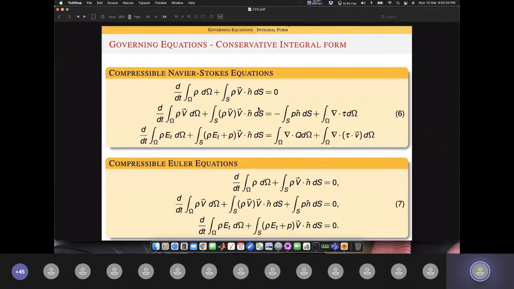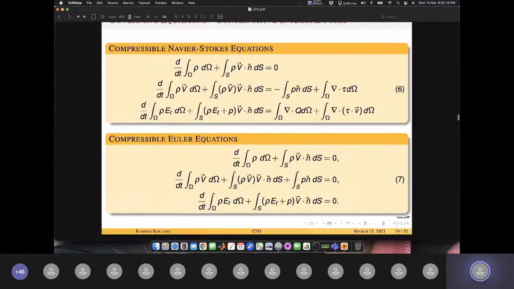The third one is your first law of thermodynamics. First law of thermodynamics says this: energy is neither created nor destroyed. It changes from one form to another form. So I'm just rewriting these three laws: the mass conservation law, the momentum conservation, that is Newton's second law, as well as the first law of thermodynamics in a different form.